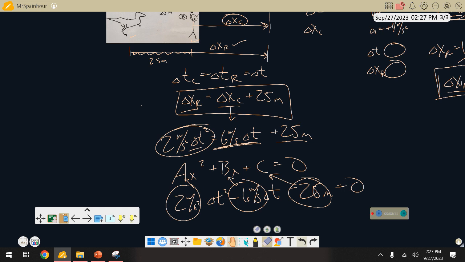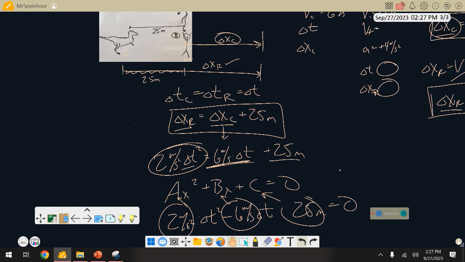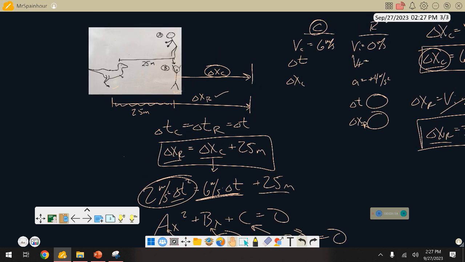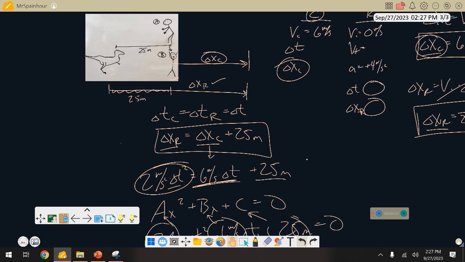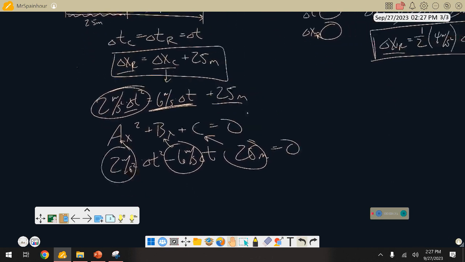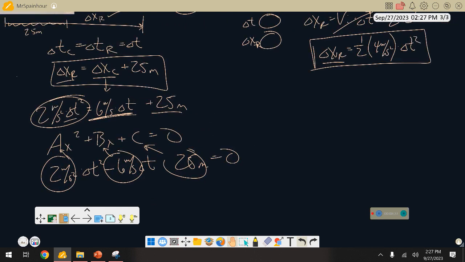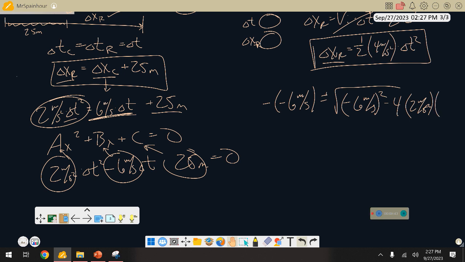Now you might say to yourself, maybe I'll go find delta x of Chris right up here, and that will solve the problem of having to use quadratic. You would be very wrong. As a matter of fact, that quadratic gets even ickier. So going over here, of course, we have negative b, so that's going to be minus the negative 6 plus or minus the square root of b squared minus 4 times a, which is 2 meters per second squared, times c.